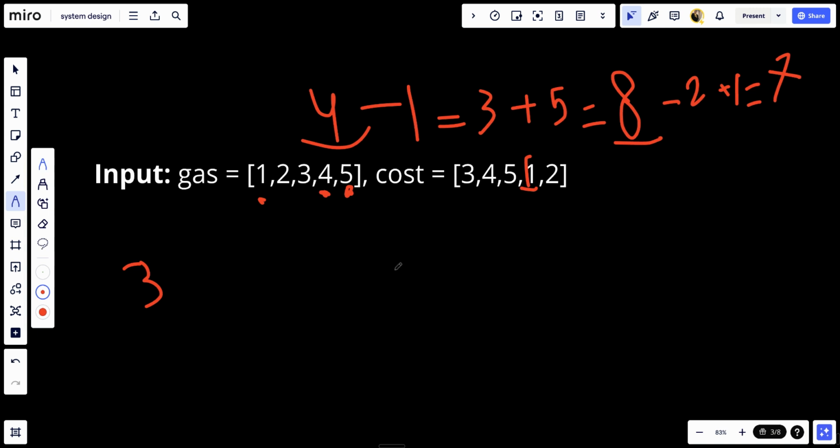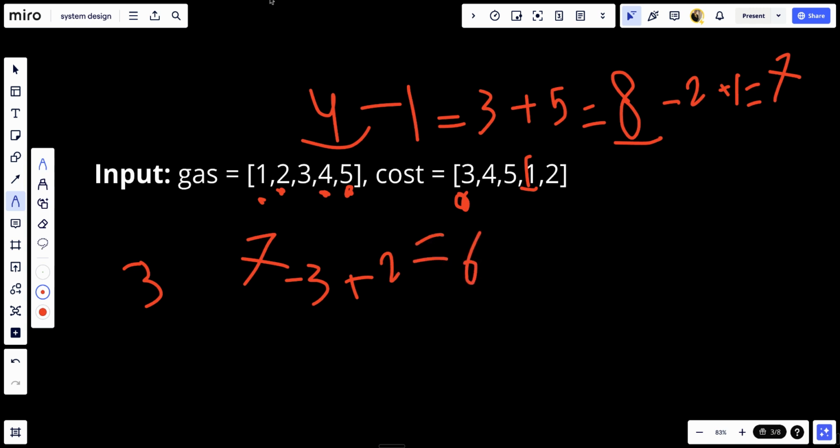Okay, and here we are at 7. We go from 1 to 2. We have to pay 3, as you see here, so minus 3 and plus 2 here, we will have 6.